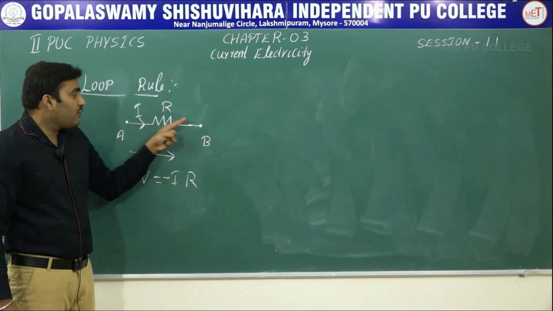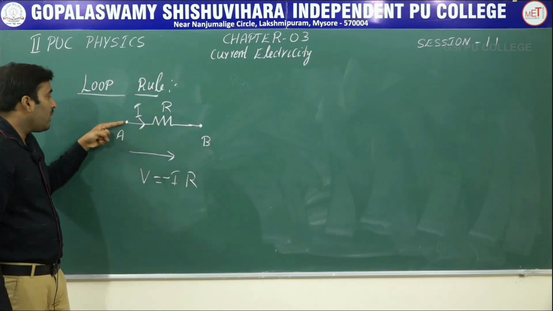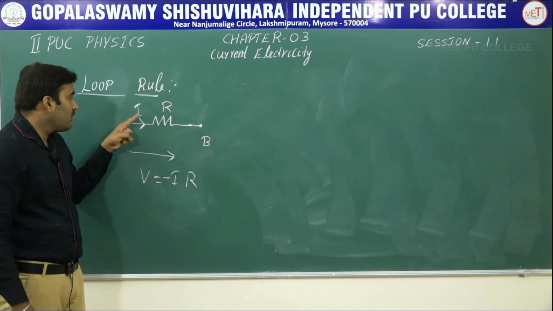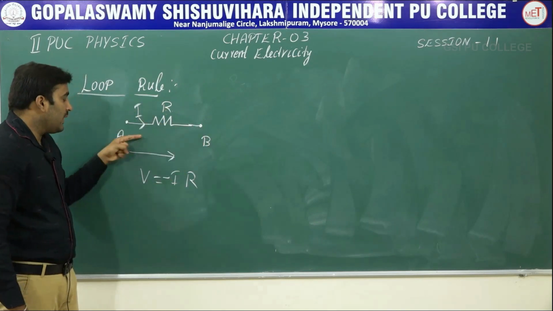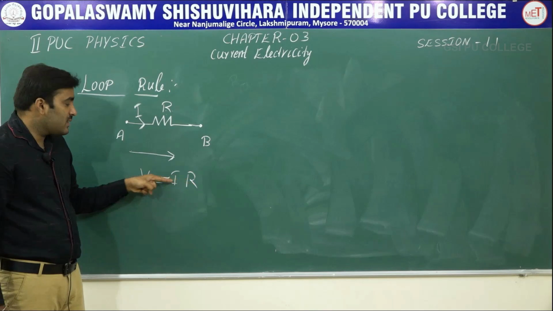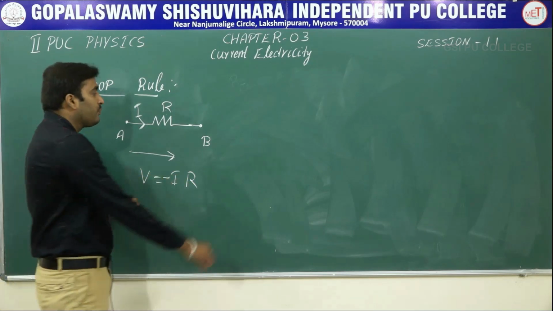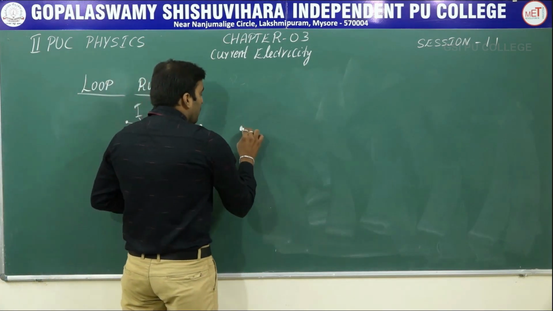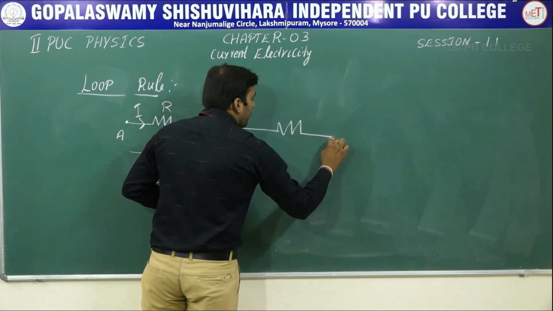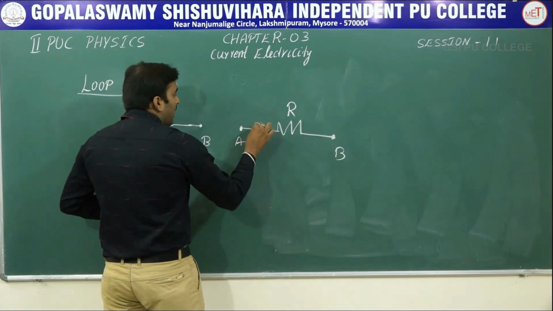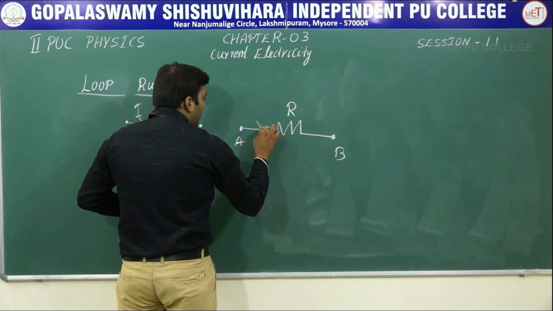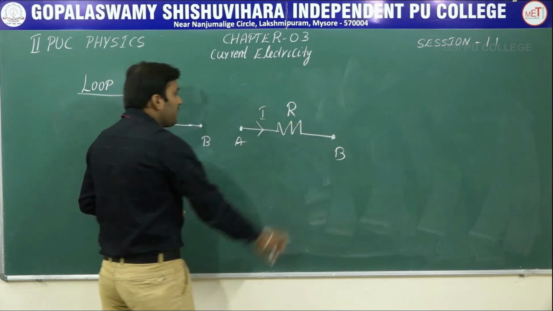When current is flowing from A to B and we are moving in the same direction, the product of current and resistance is taken as negative. Next, R, this is AB, and the direction of flow of current is taken in the same direction, I.